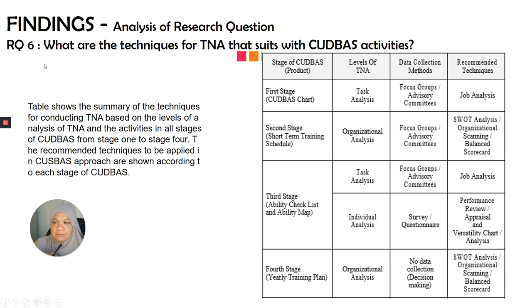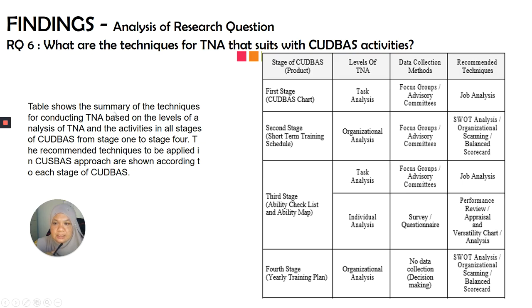And lastly, my last research question is what are the techniques for TNA that suit with Cudbas activities? So this is my finding. On Cudbas, they have 4 stages, and then they will be mapped with TNA. So this one is TNA, key data collection and recommended technique.